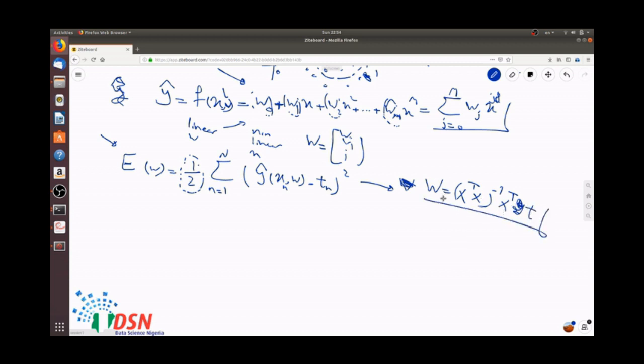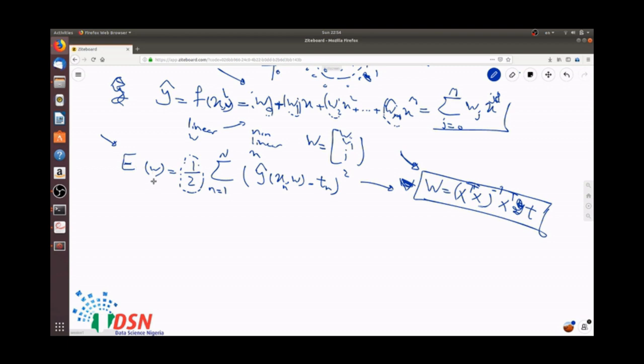The capital X means all of your training data together, and the T is all of the target values. So this is the W, the weights. We are going to talk about this in a deeper sense later, so if you don't know how to derive this now, don't worry about it. Just know that you could solve it easily and derive a unique value for the W's to minimize this training error.